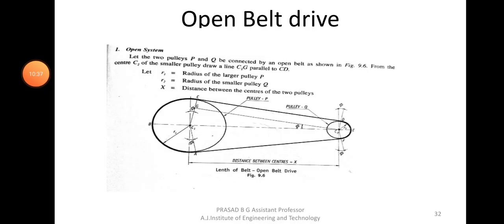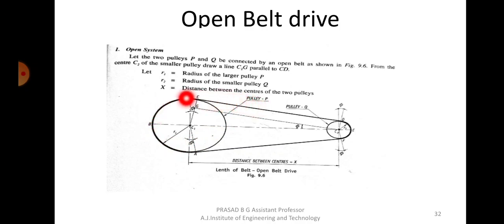In this case, you can see this portion is called the slack side and this portion is called the tight side. If I want more arc of contact, that means more portion of the belt covering the pulley, then more power can be transferred, isn't it?